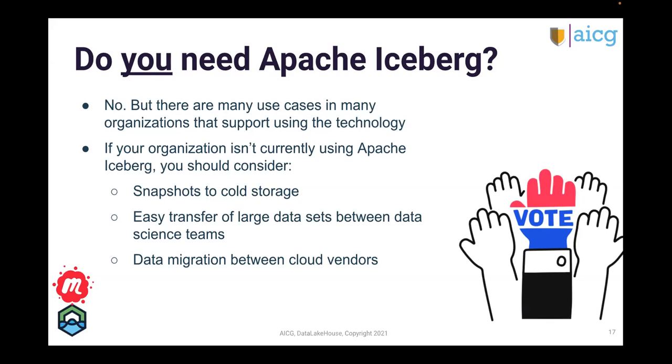And then of course, easy transfer of data. If you think about your data science teams, a lot of the machine learning training data sets are tremendous in size. I like to think, the Kaggle competitions, that's probably one super quick win for the world in data and data science right there. And then of course, there's huge potential for migrating between not just cloud vendors, but potentially cloud vendor accounts.